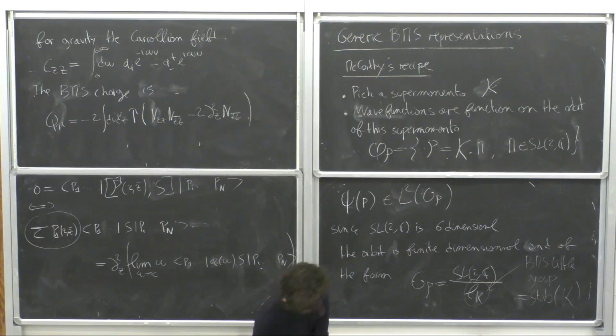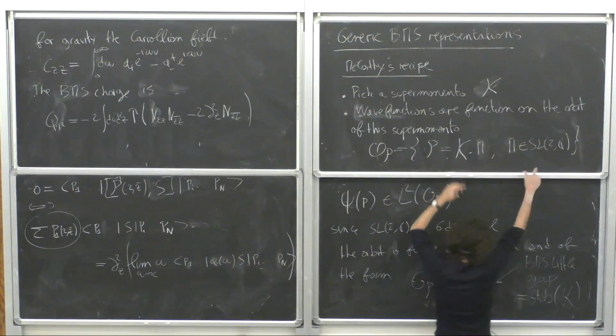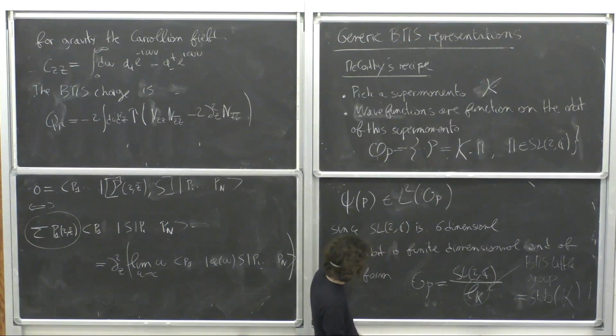So the orbits are finite dimensional because SL2C is at most 6-dimensional.